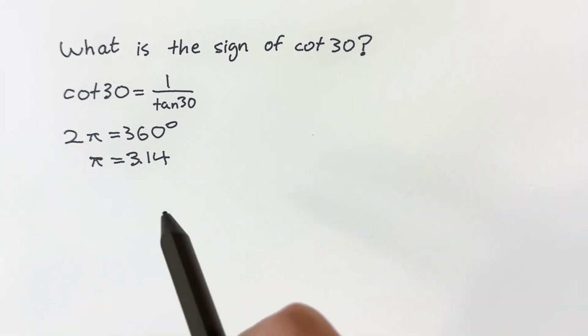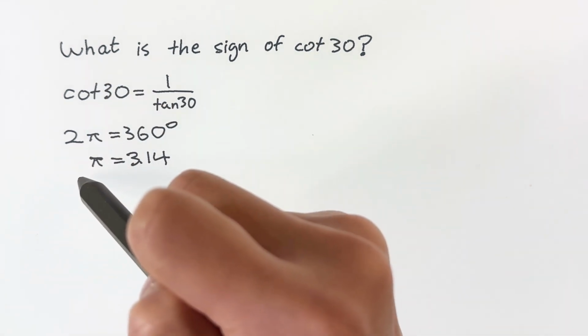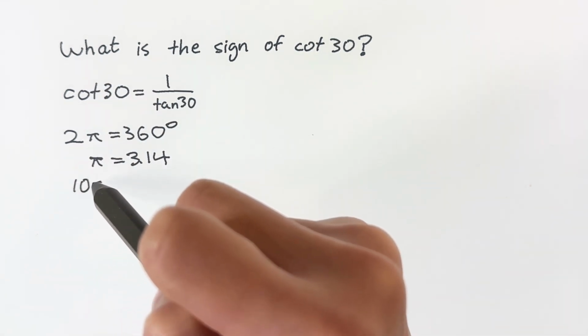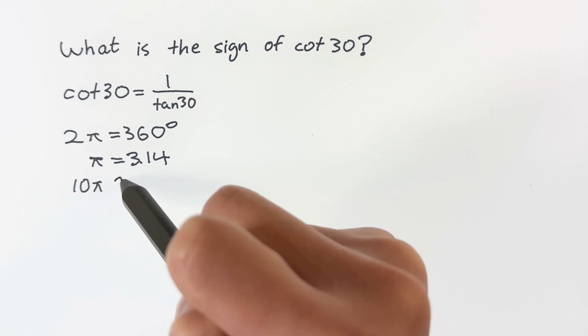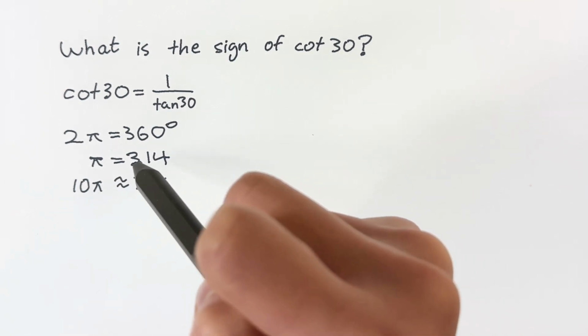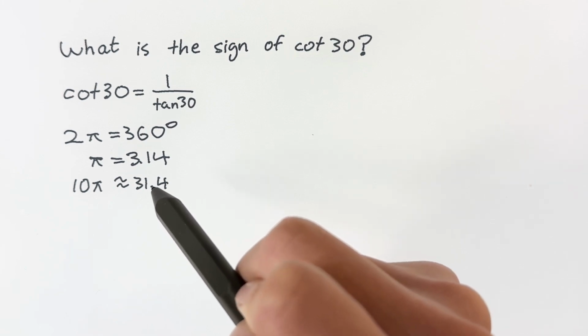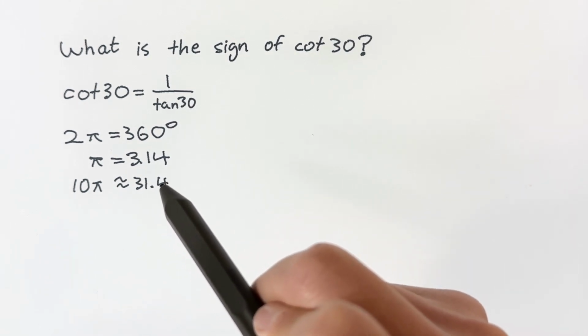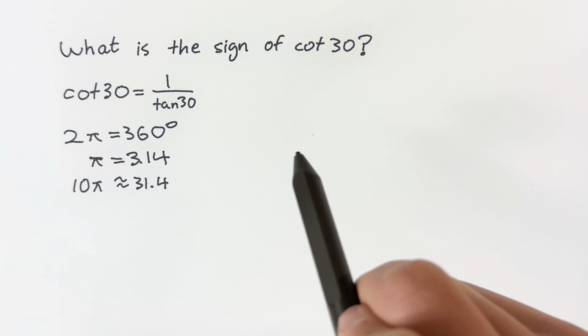So 30, well, notice that 10 pi is approximately 31.4. And this is close to 30.